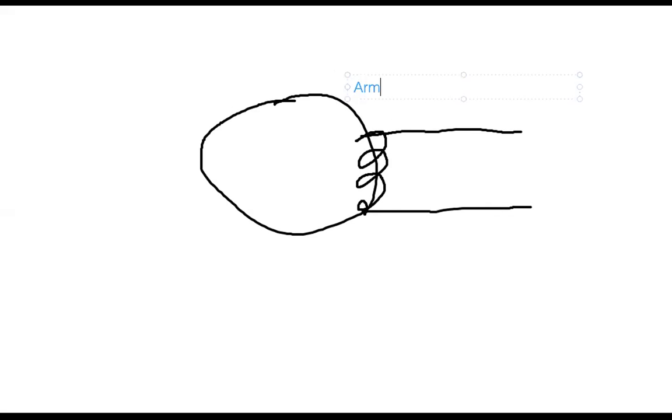Let me write down: armature body, this body, and then there are magnetic poles. Of course, you need magnetic poles. For example, this is the north pole, and this is the south pole. And of course it has the shaft.